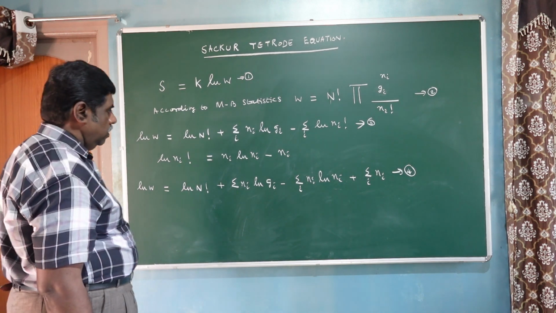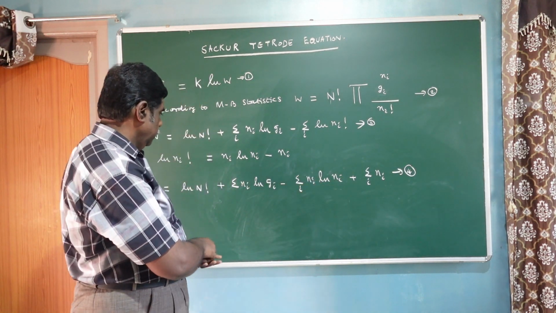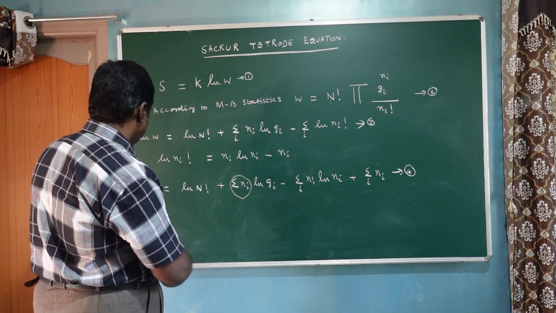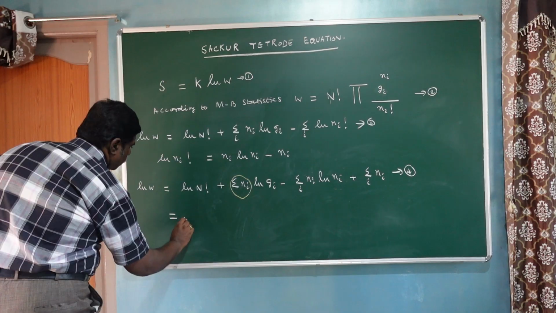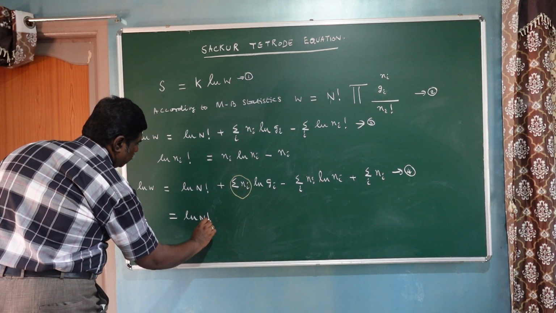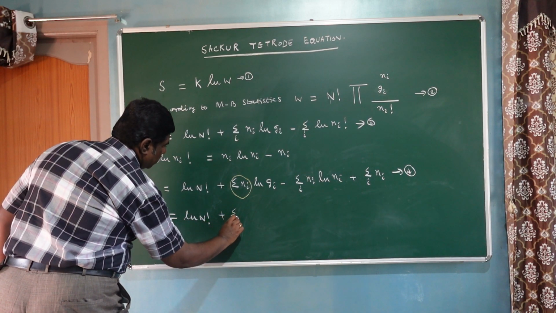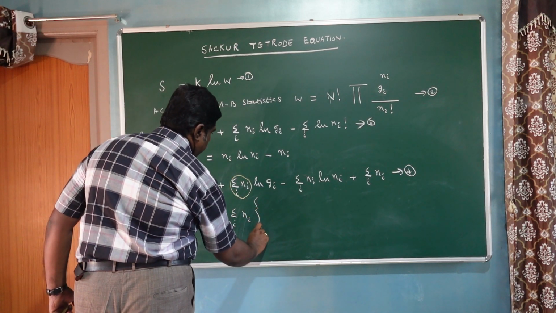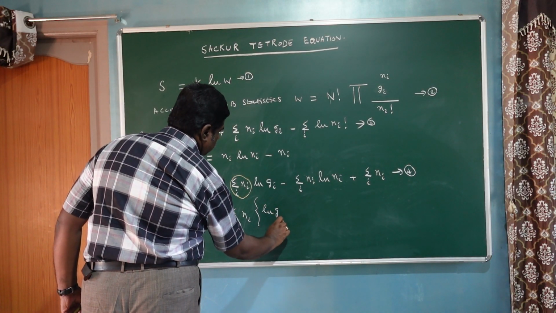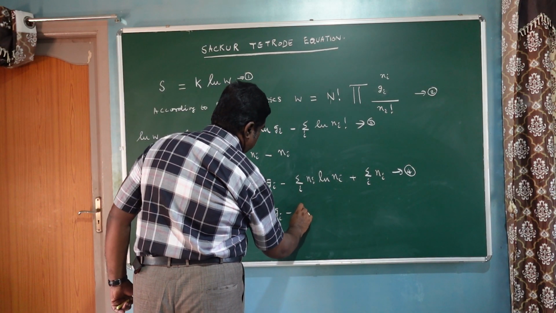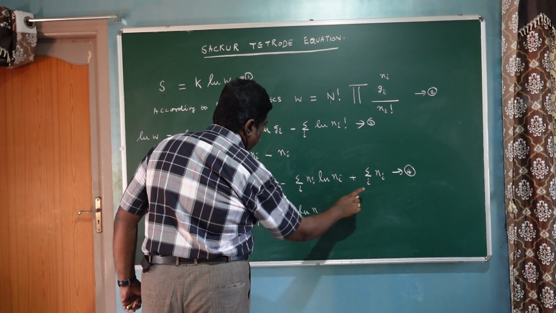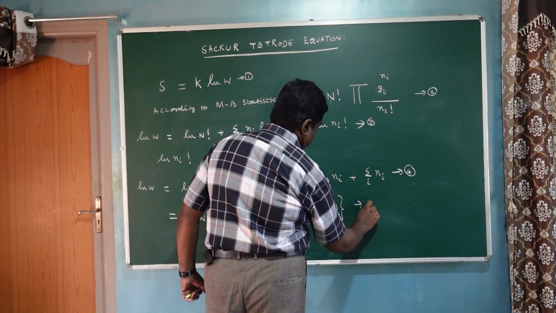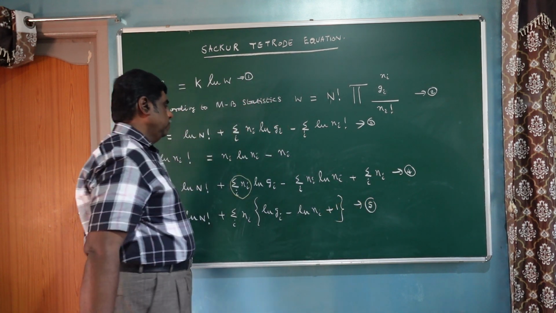From the right hand side of equation 4, we have to take out this Ni as a common term. This is equal to ln N factorial plus summation over i of Ni (ln Gi minus ln Ni plus 1). This is equation 5.